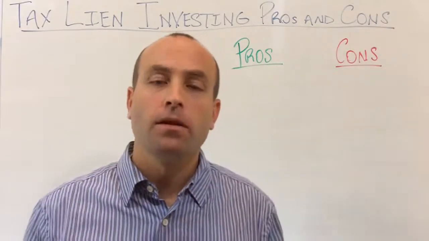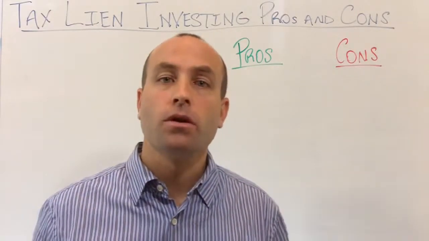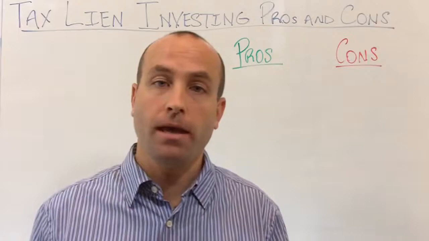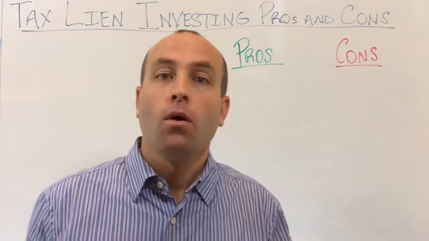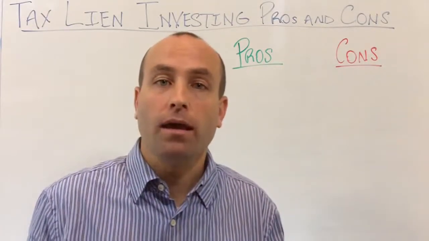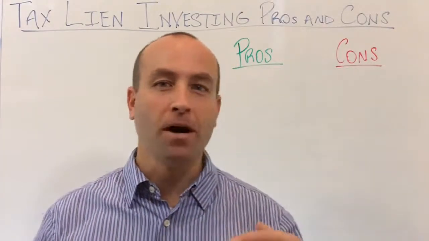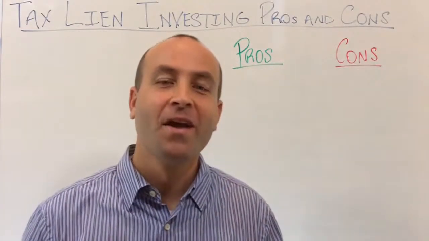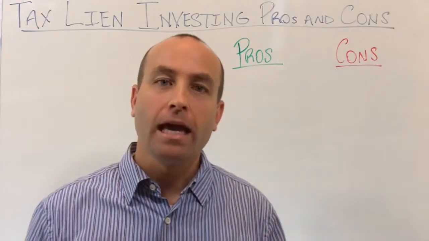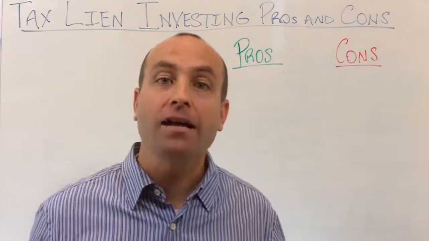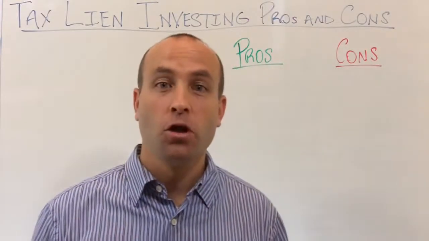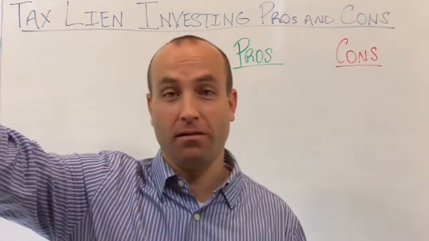What's a tax lien? In simple terms, it is when a person does not pay their property taxes. What happens is the county, as opposed to, say, hiring a collections firm and bugging the heck out of that homeowner, instead literally asks investors to pay the person's bill.